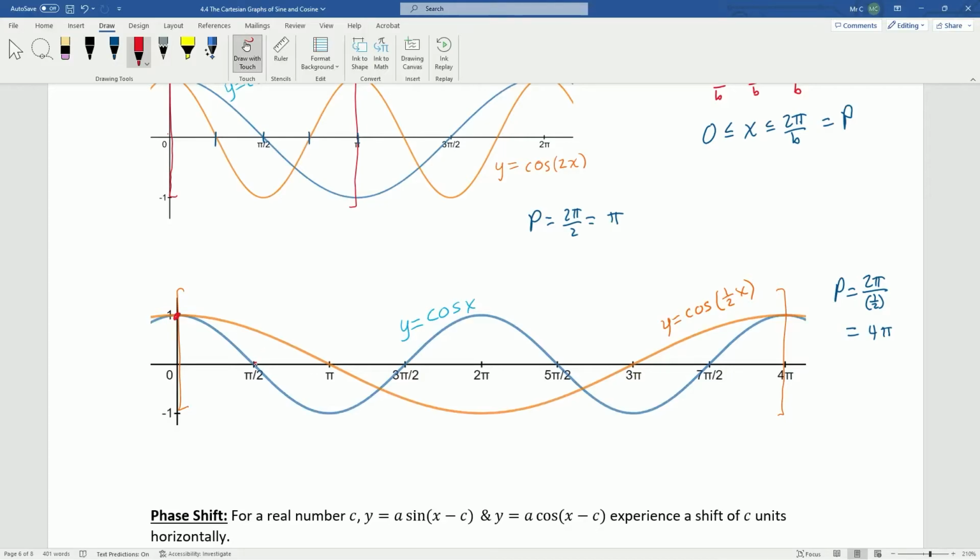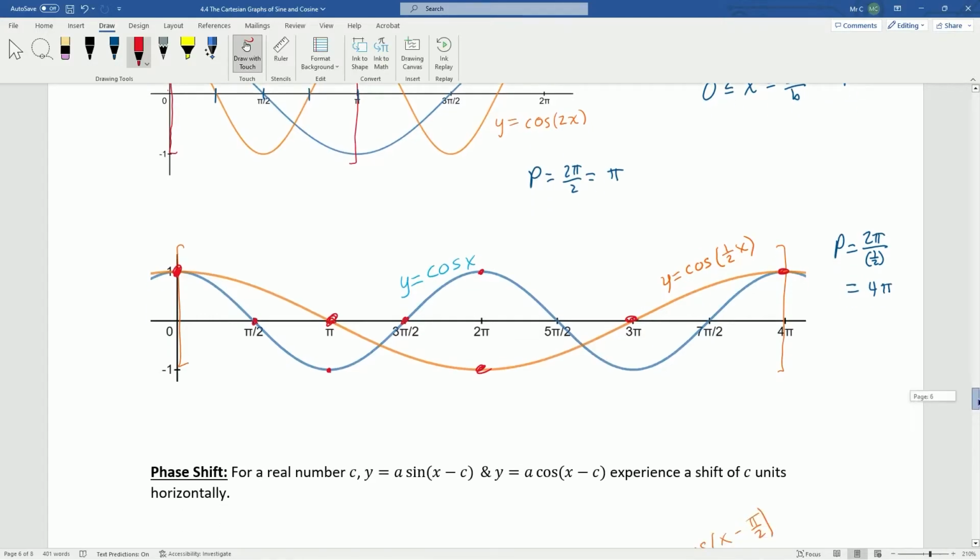It goes 1, 0, -1, 0, 1. That's one period. So when I look at the graph for cosine of 1/2 x, it goes 1, 0, -1, 0, 1 over one period. So if you divide up your period evenly into 4 sections, which makes 5 total points that you're going to plot, then it's very easy to replot this graph in terms of the new period.